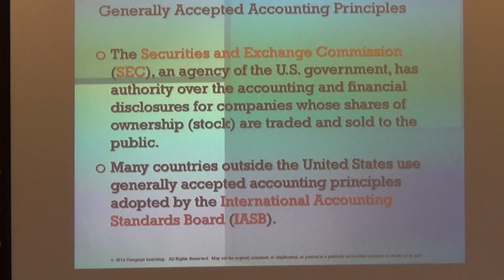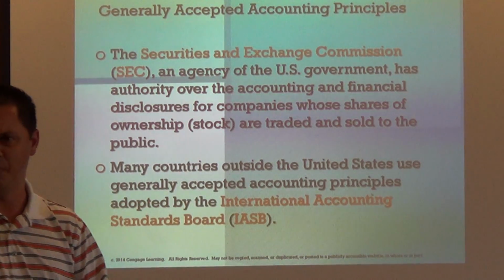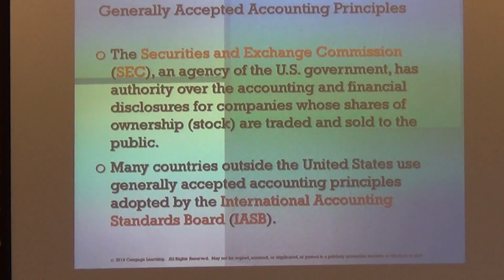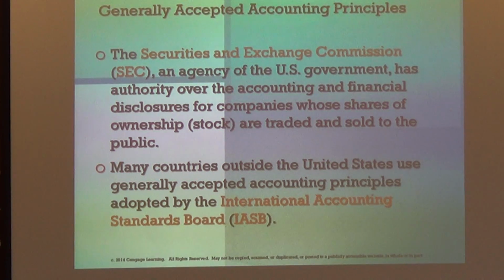And the reason being is if I know we're going to do really bad, if my stock's going to drop, I should be able to and be allowed to dump all the stock and take the money, right? Would that be fair? And so that's the protection that they provide on some of those things there. And so obviously it's gotten more stringent, more strict as things happen. And so as part of that, and this is for the other countries there, they use the International Accounting Standards Board. Something like that.